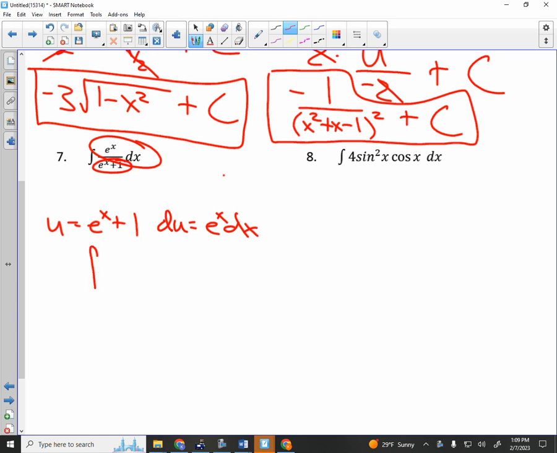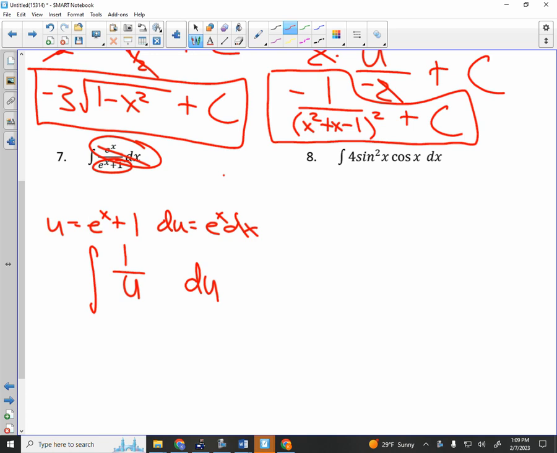So I've got the integral du. I get to get rid of the e to the x and the dx. What remains? 1 over u. What is the antiderivative of 1 over u? Natural log.